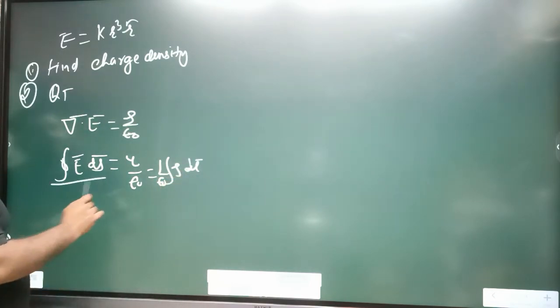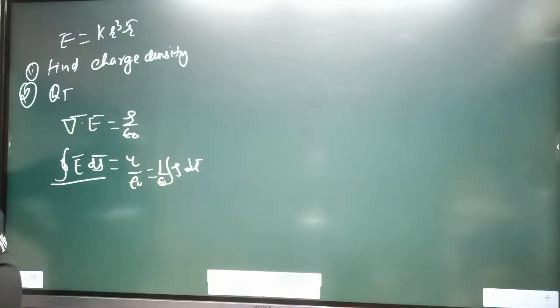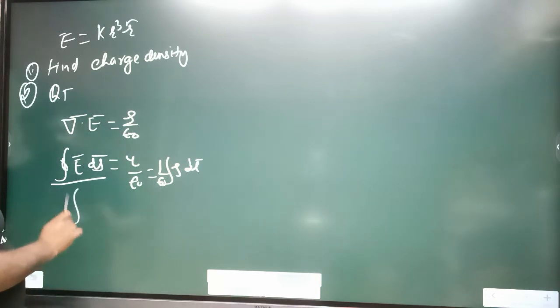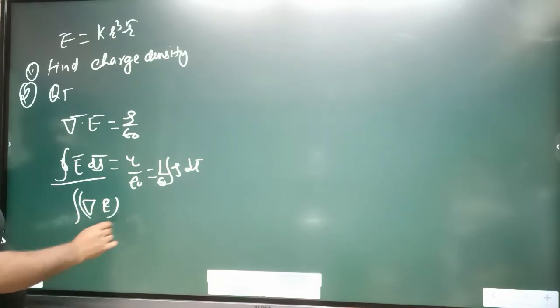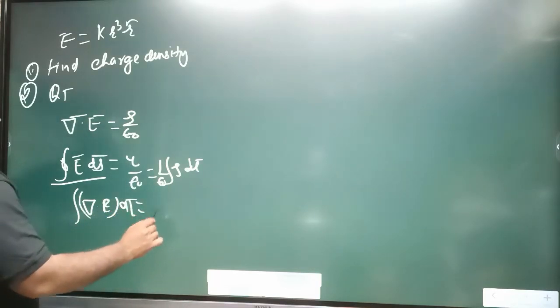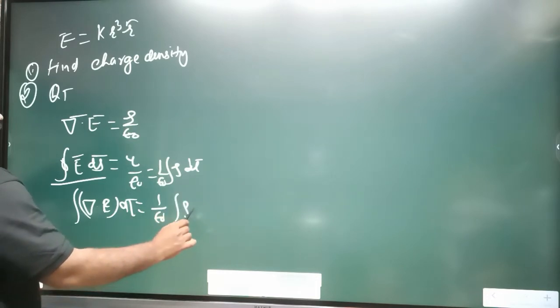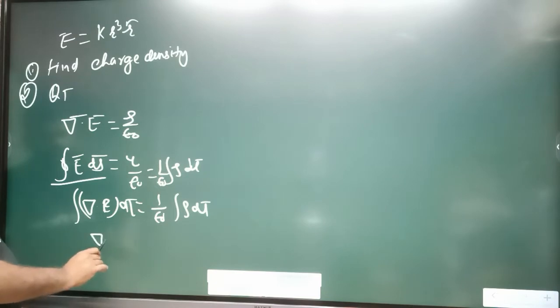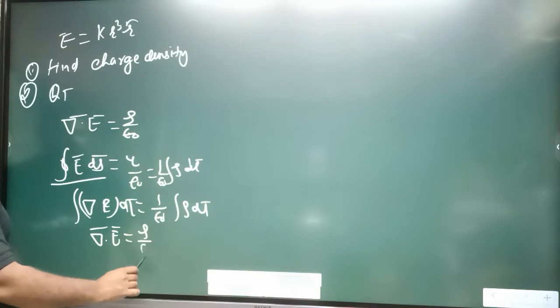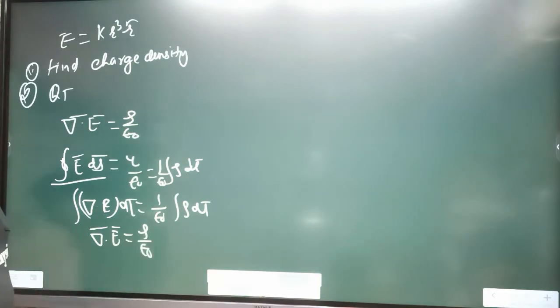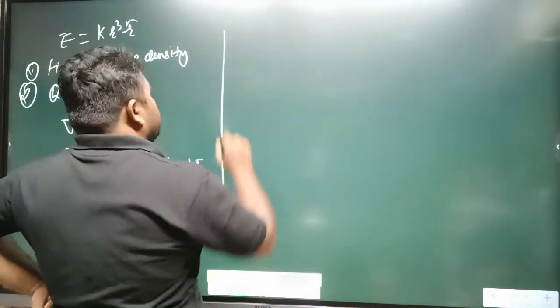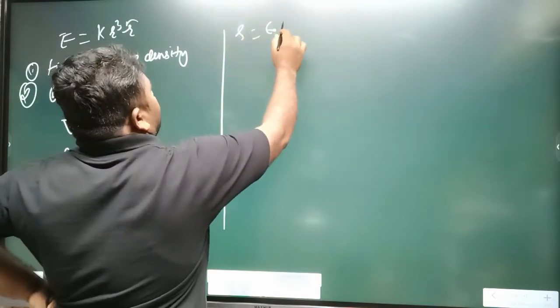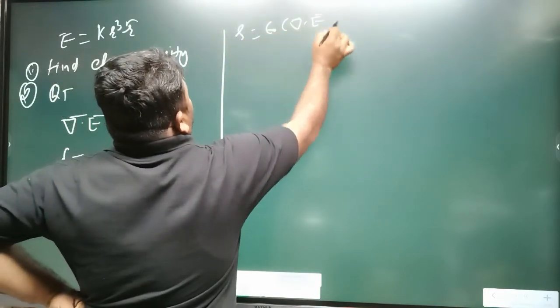This one is a surface integral. The surface integral is converted into a volume integral. Del bar dot E bar d tau is equal to 1 by epsilon naught rho d tau, using which theorem? Gauss divergence theorem. Then rho is equal to epsilon naught del bar dot E bar.